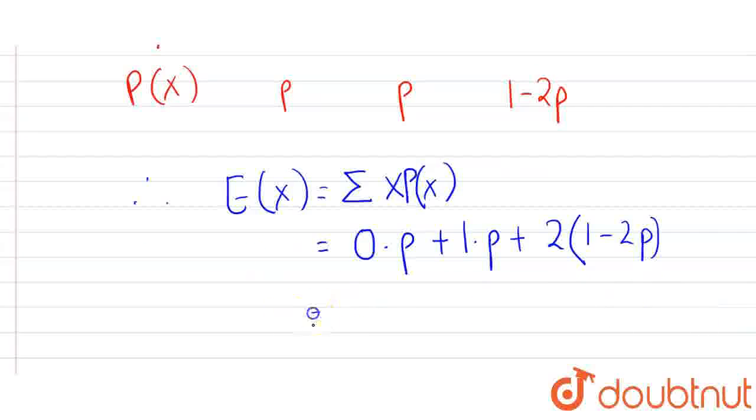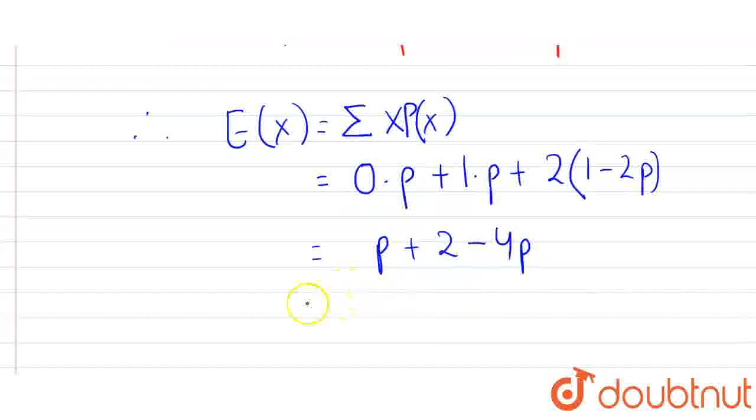Now let's find the value. 0 into p is 0, which we can neglect, 1 into p is p, and 2 into 1 is 2, minus 2 into 2p is minus 4p. So if we solve it, we have p minus 4p is minus 3p. So we can say that 2 minus 3p is our E of x, right?